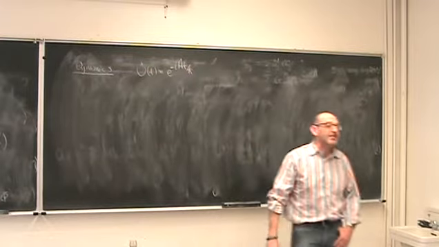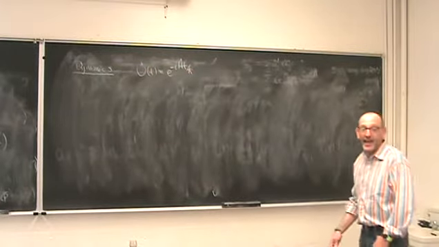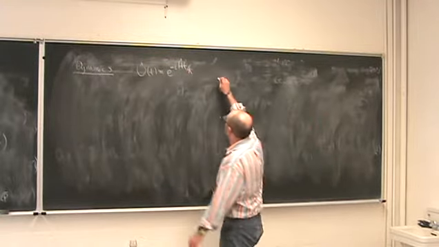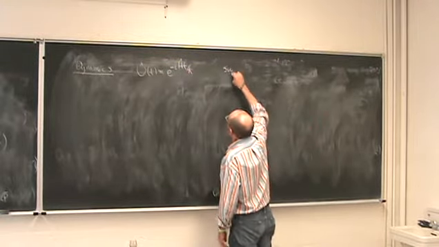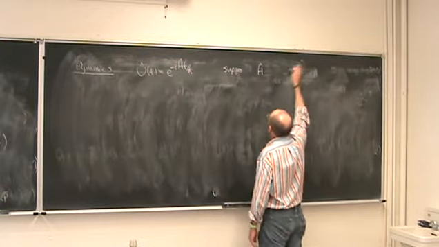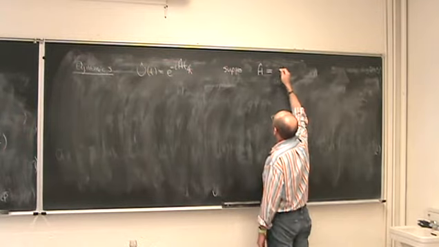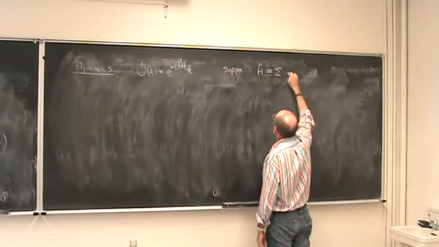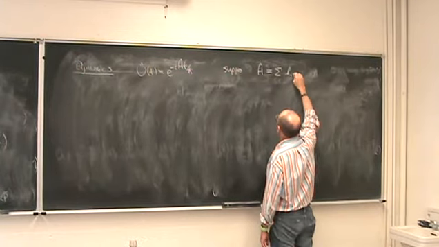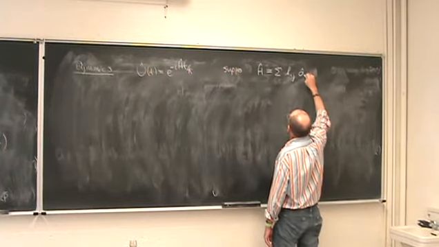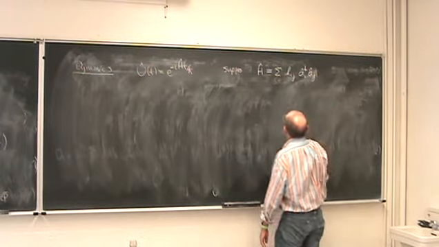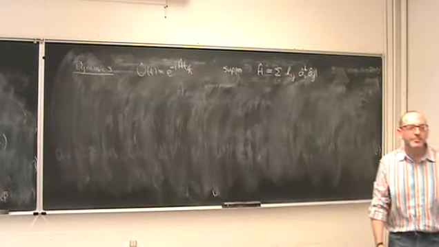So there were no interactions between the particles. Every particle just undergoes its own evolution. Okay? And I'll call this the Hamiltonian. Okay, let's suppose that's true.